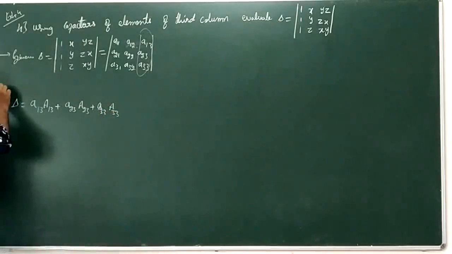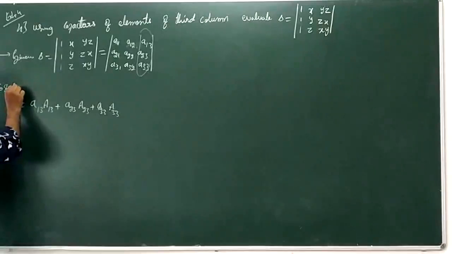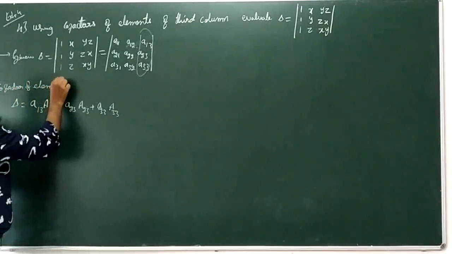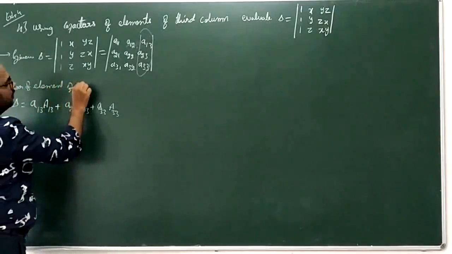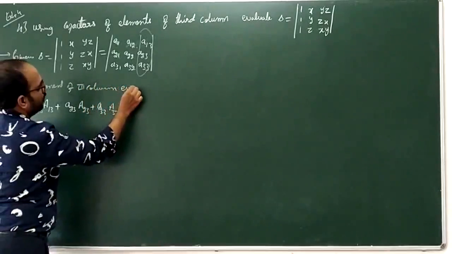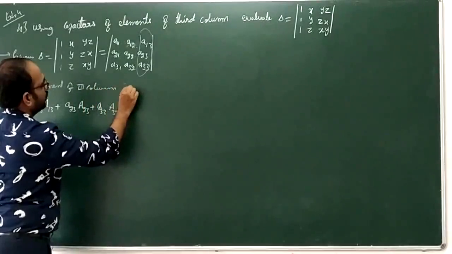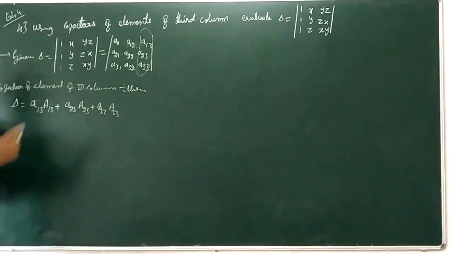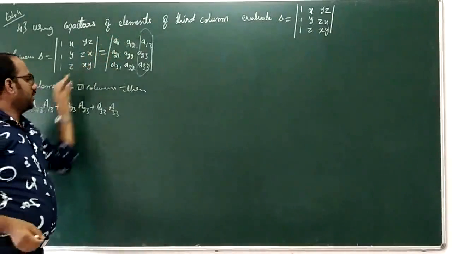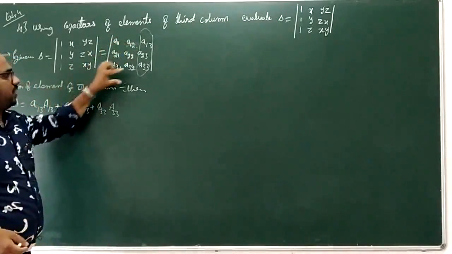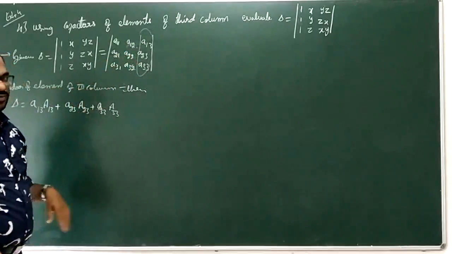If I am expanding by the cofactors of the elements of the third column, then delta is equal to a13 into cofactor of a13, a23 into cofactor of a23, a33 into cofactor of a33.